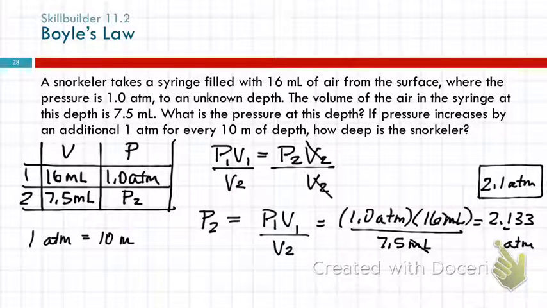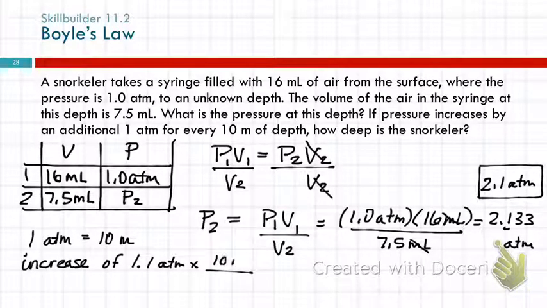Well, at the surface, we had a pressure of 1 atmosphere, right? So how much has the pressure increased? 1.1 atmospheres, right? So we have an increase of 1.1 atmosphere. I can use this as a conversion factor to convert that into meters.